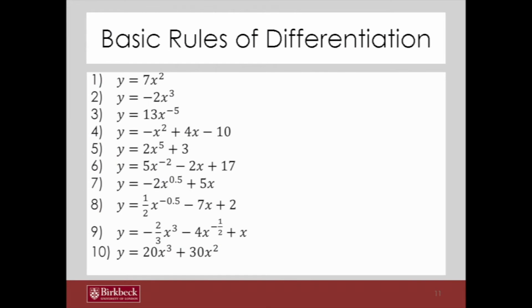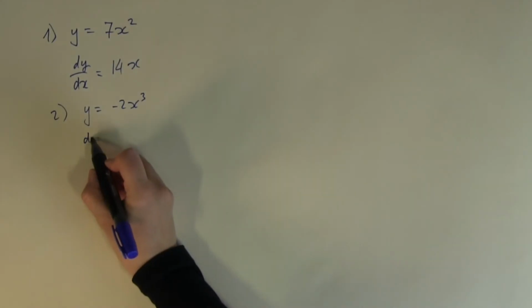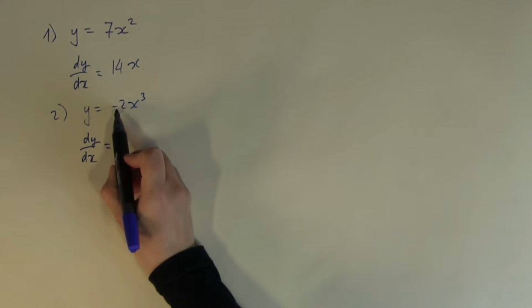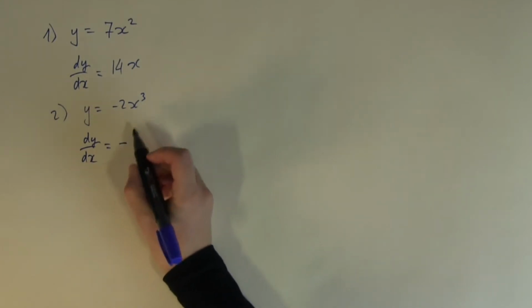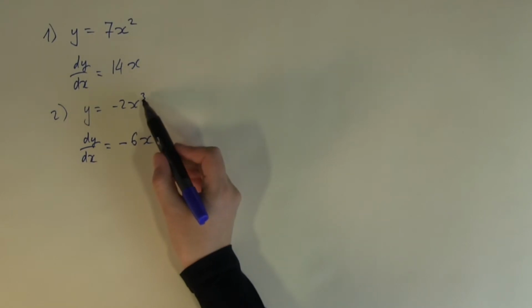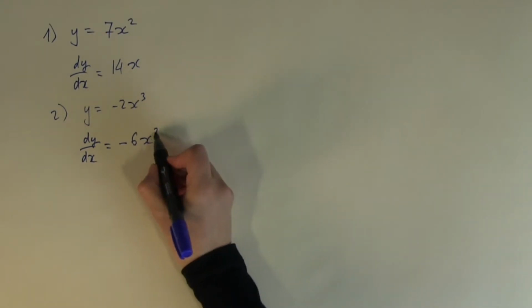Let's just look at a couple of more of these examples to sort of get used to how to write them quickly. So if y is equal to minus 2x cubed, then what will be the derivative? Well, negative times positive gives me negative, 2 times 3 gives me 6, and then the power is 1 less than 3, which is 2.